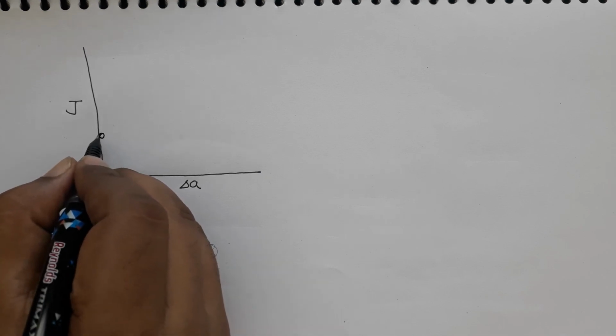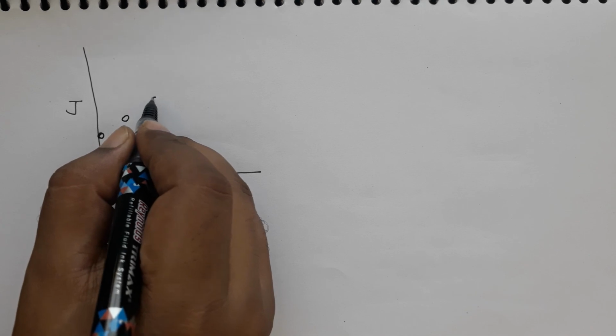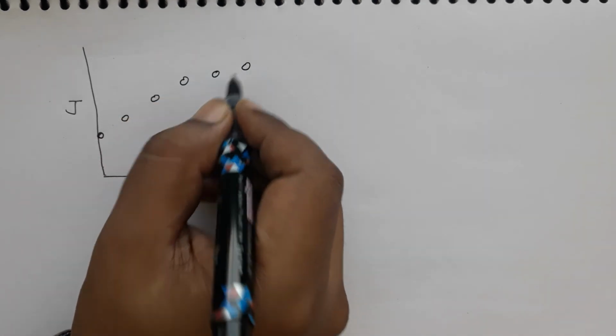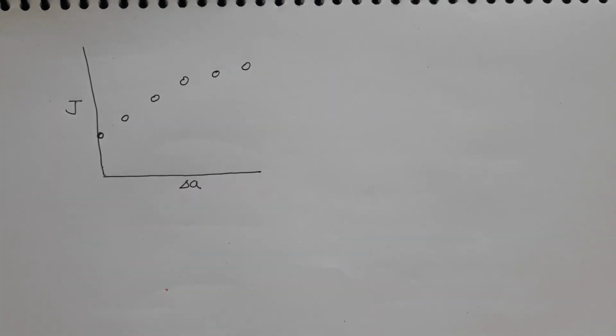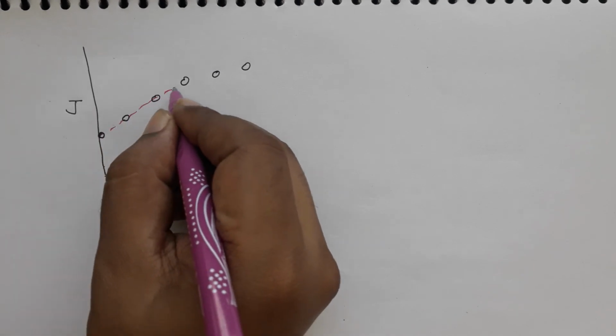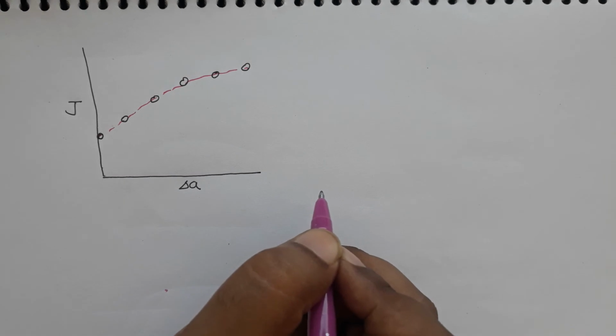J will have some value there, then you might have some value there, then something here, something there, something like this. So if you happen to join this, then it looks like this. This is how the J delta a curve looks like.